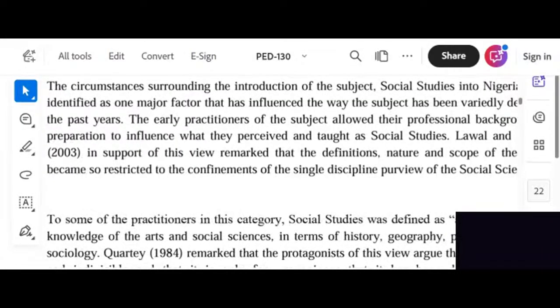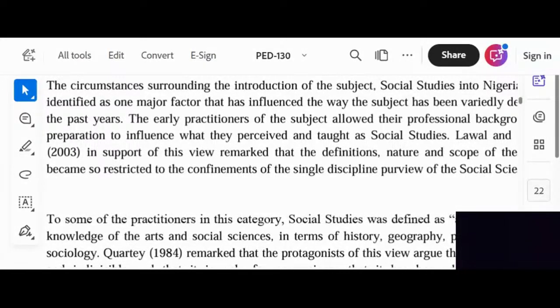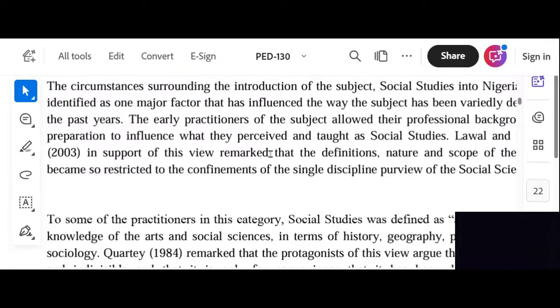We're just trying to look at why there should be a subject that people will give wrong definitions. So we have looked at several reasons.